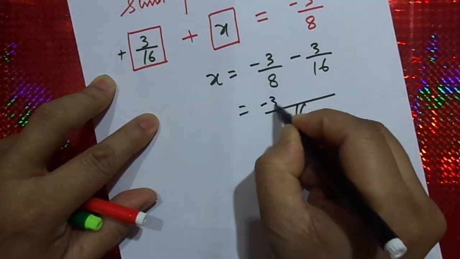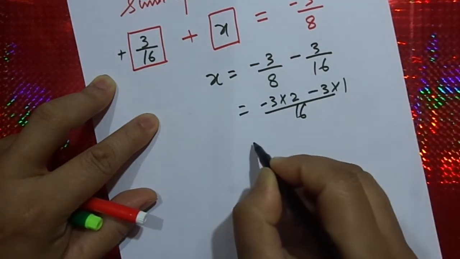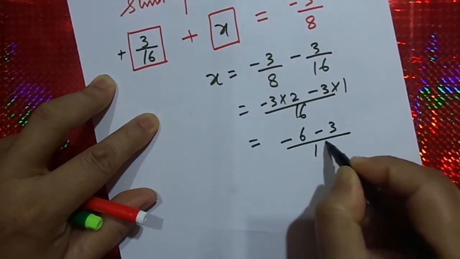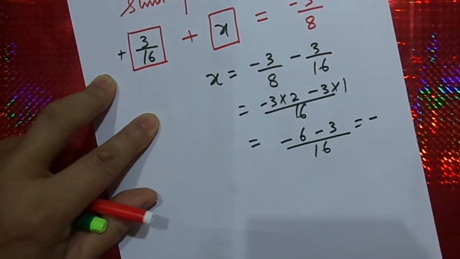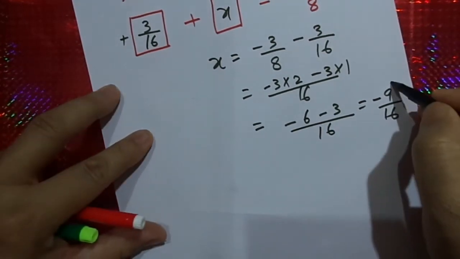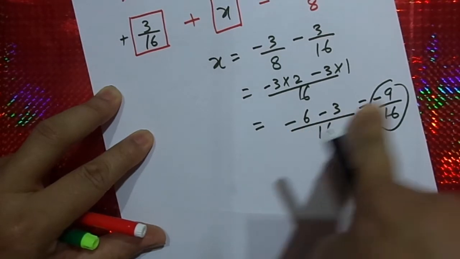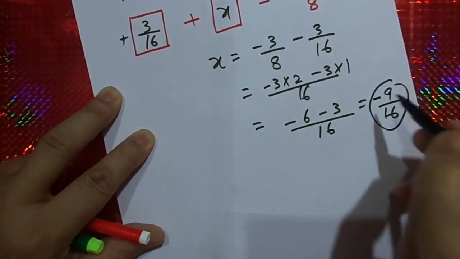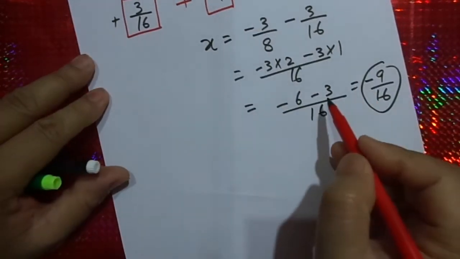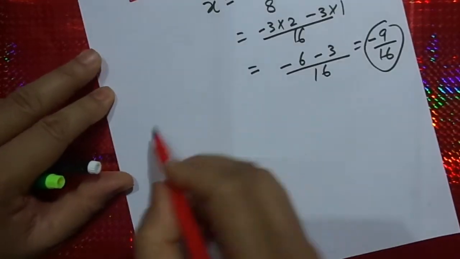So minus 3 into 2, minus 3 into 1 will be equal to minus 6 minus 3 by 16, which is equal to minus 9 by 16 as your solution. They have the same sign, so same signs we add, and the final sign belongs to the negative sign because both of them had the negative sign.